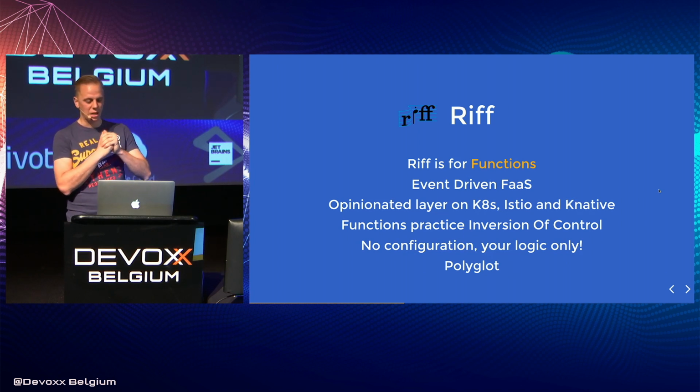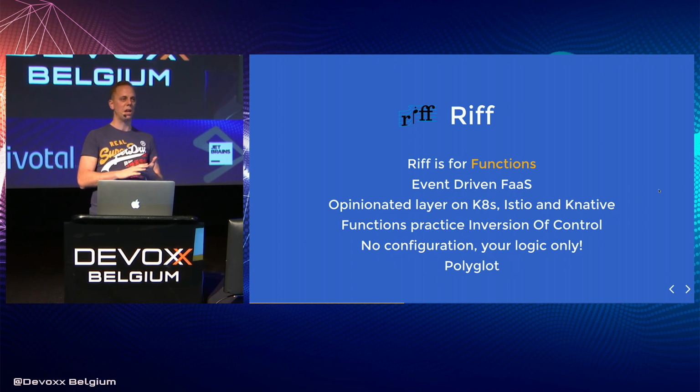And it is a layer on top of Kubernetes, Istio, and Knative. And it basically is the same as the inversion of control in Spring, in that way that it allows you to define your logic as a function, and Riff and Knative and Istio and Kubernetes will handle the rest for you. So that's the idea.